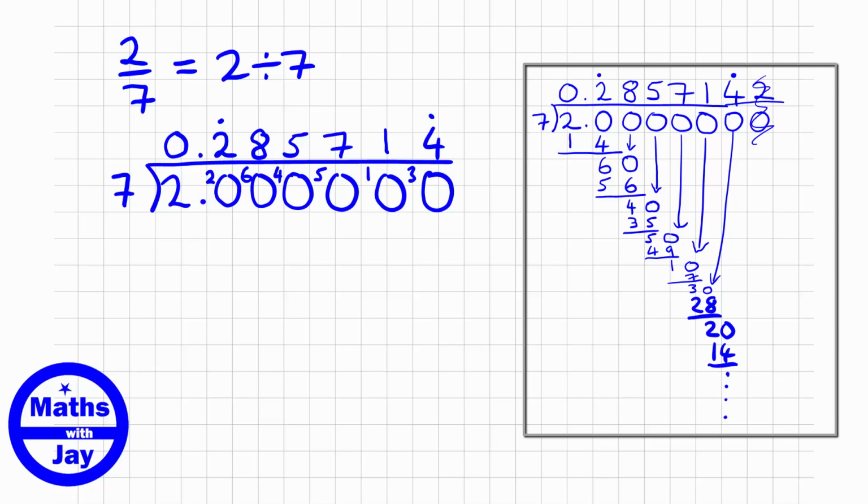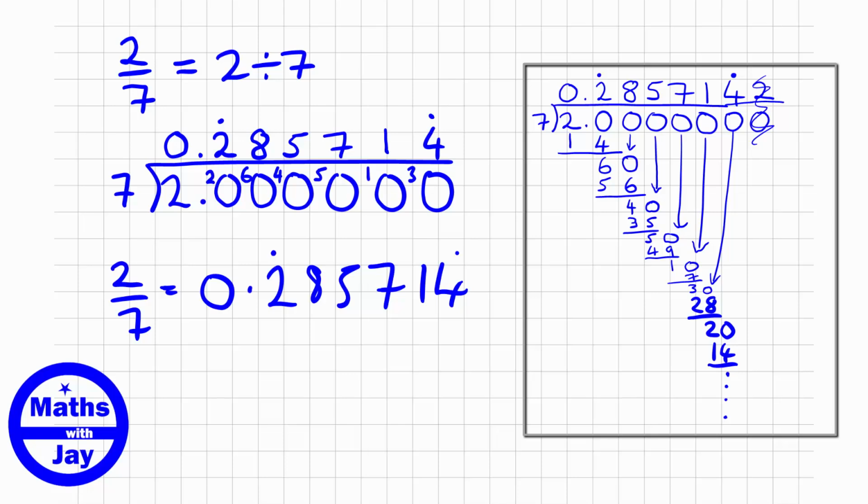The little remainders, 2, 6, 4, 5, 1, 3, are the numbers that we had in our long division, and we wrote the 0 down next to them, whereas here we're writing that number next to the 0 that's already there. So we can write down that 2/7 is 0.285714 recurring.